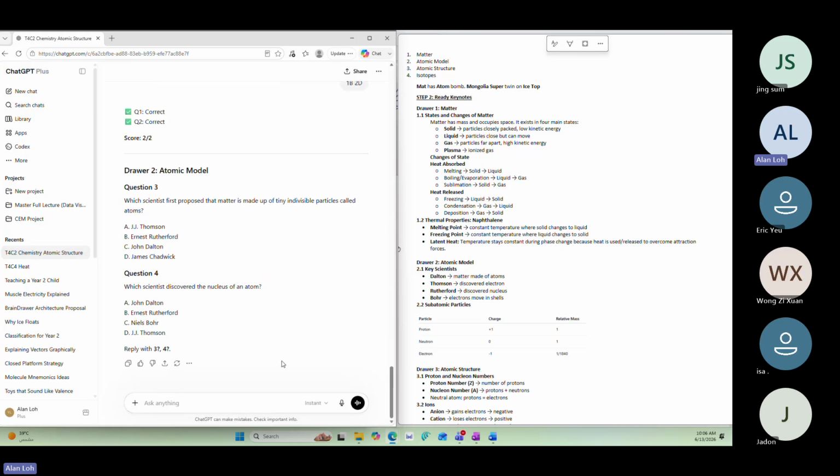Now let's do drawer 2, question 3 and question 4. Number 3. Which scientist first proposed the matter is made up of tiny indivisible particle called atom? Okay, the answer is in the keynotes.